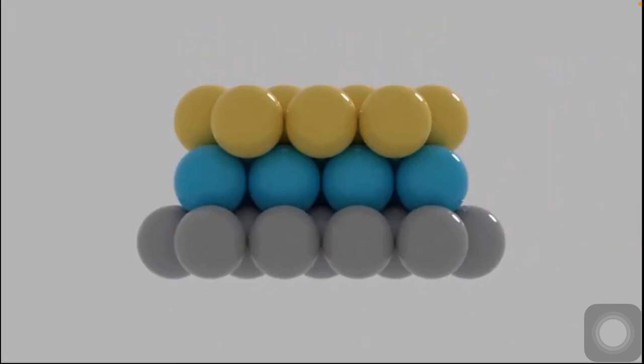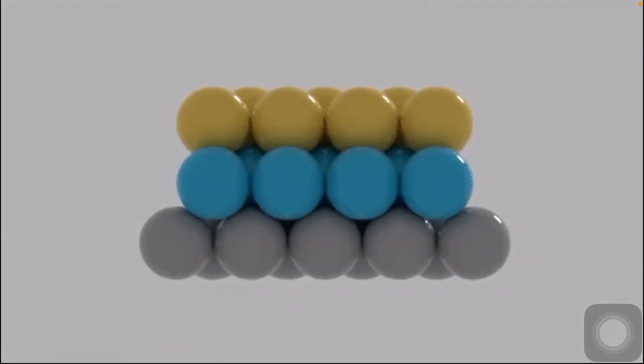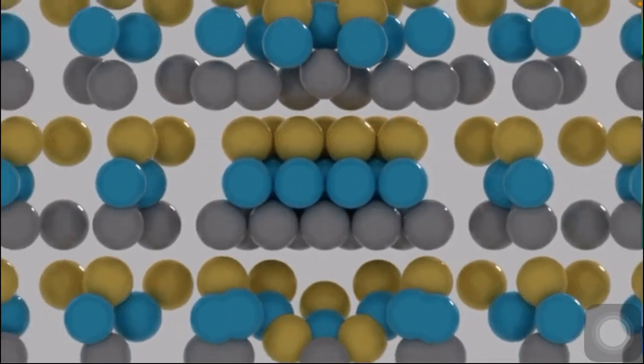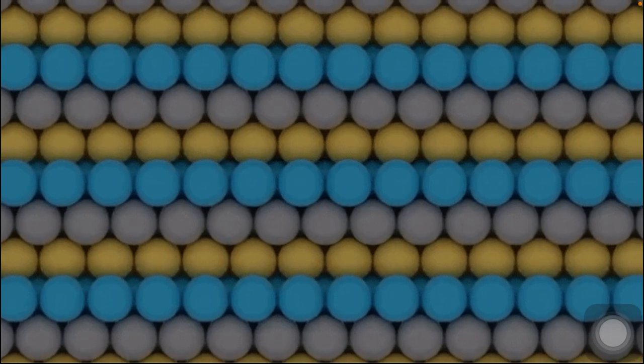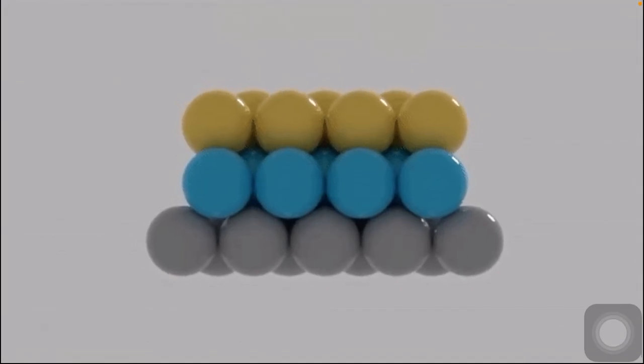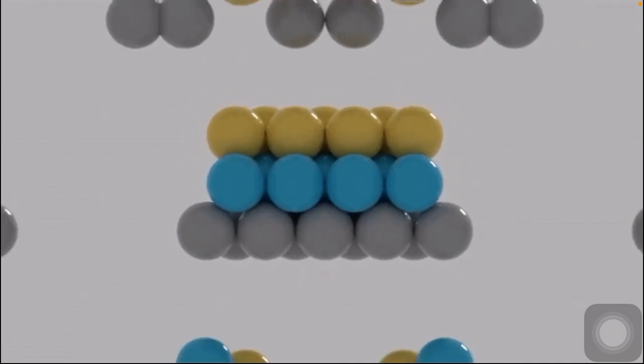If we join all the atoms in this way, that stacking of atom is like ABC type, then it will lead to a crystal structure. So this crystal structure is cubic closed packed structure.